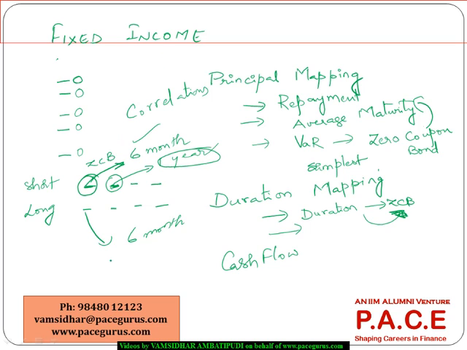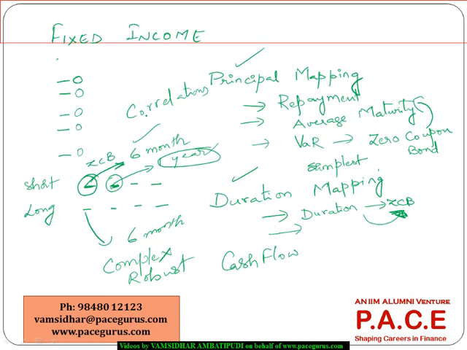So we are trying to make a more precise way of computing the value at risk, which is a bit more complex compared to a duration based mapping and a principal based mapping, but it is more and more robust also because it is trying to match each and every cash flow with respect to the risk associated with that zero coupon bond of that particular maturity.